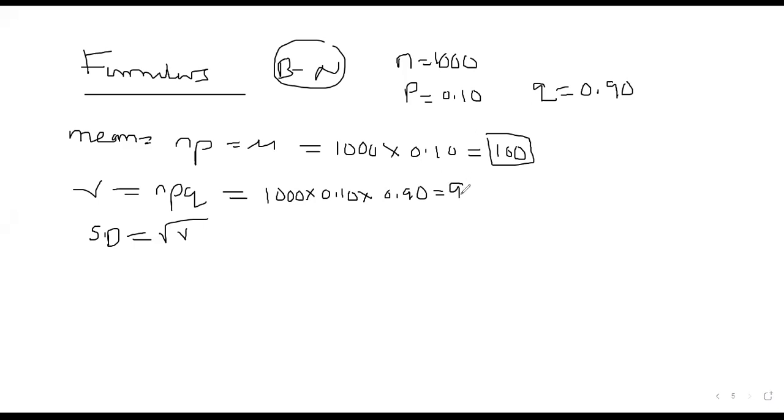Correct. The standard deviation is the square root of the variance. So what's the square root of 90? 9.4868. Okay, so far the formulas are leading us.